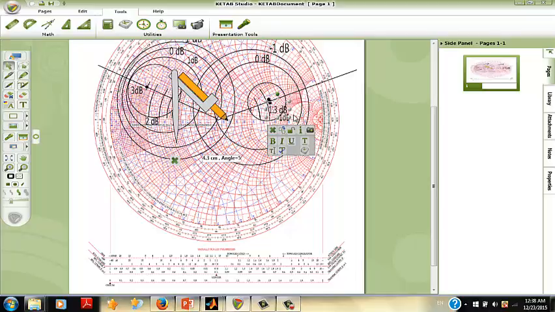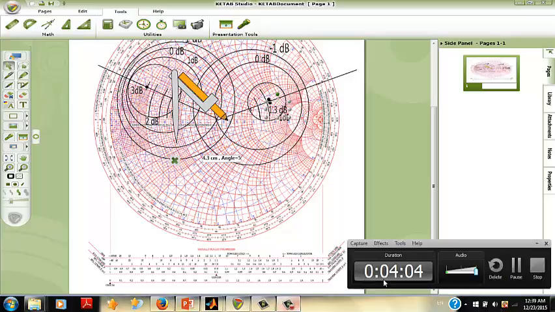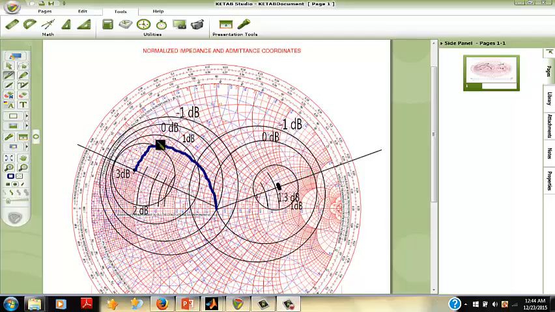Now for the matching network for the source, we are going to follow the constant resistance circle to its intersection with the constant conductance circles as shown.